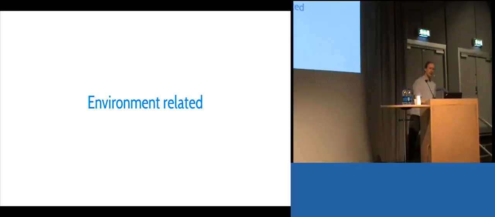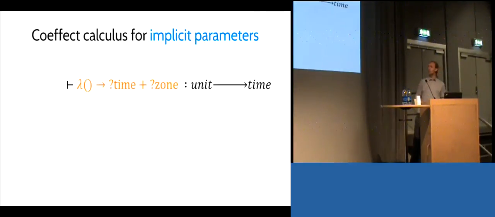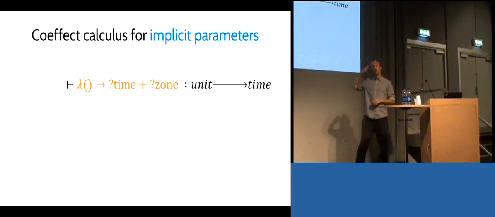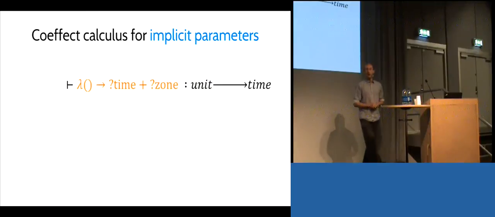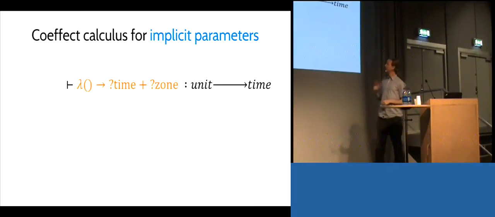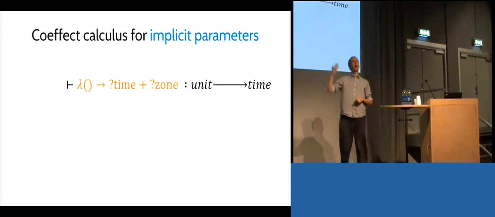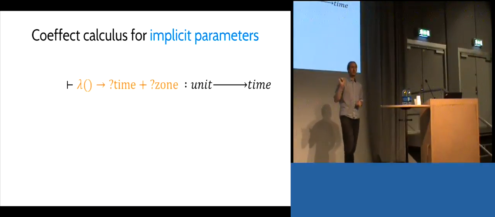The other kind of coeffects are related to the environment. So I'm going to show you an example. This is using something like Haskell's implicit parameters. And here I have these question mark name symbols.